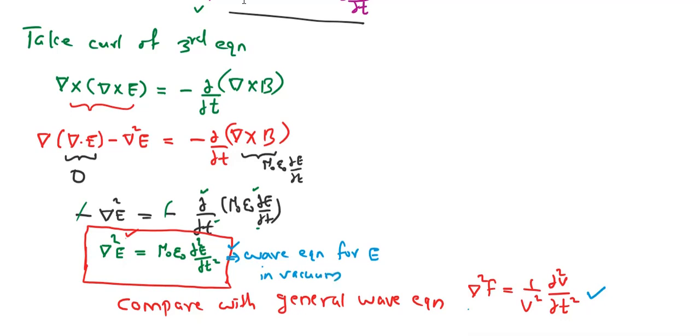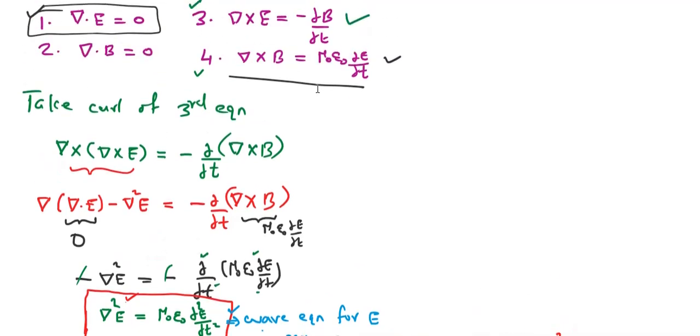Now what will be the wave equation for the magnetic field? For this I will do the steps here.